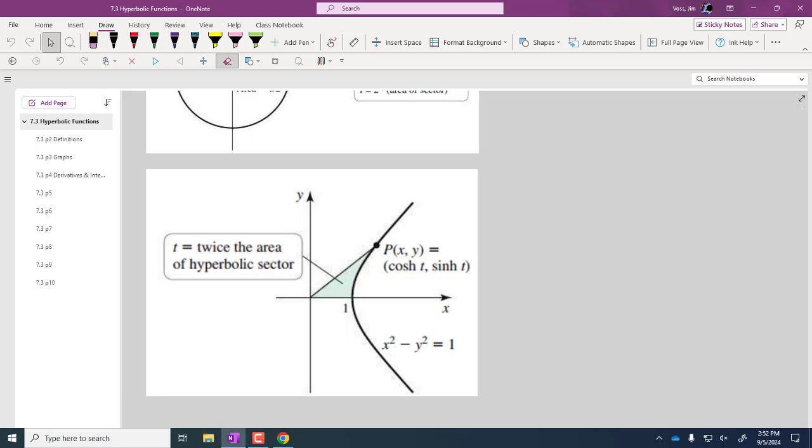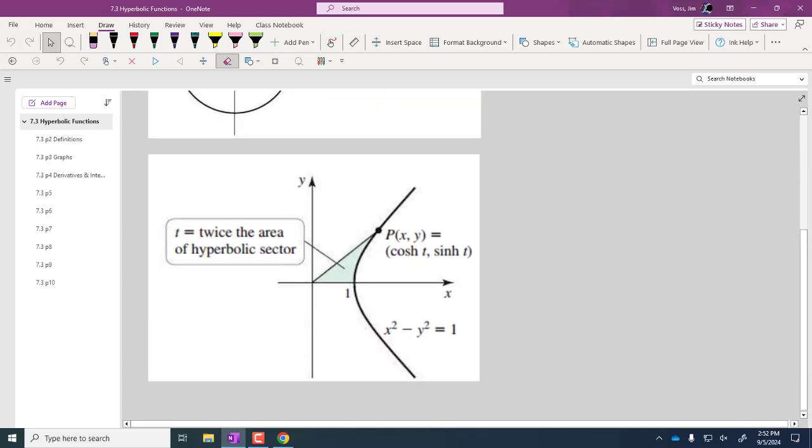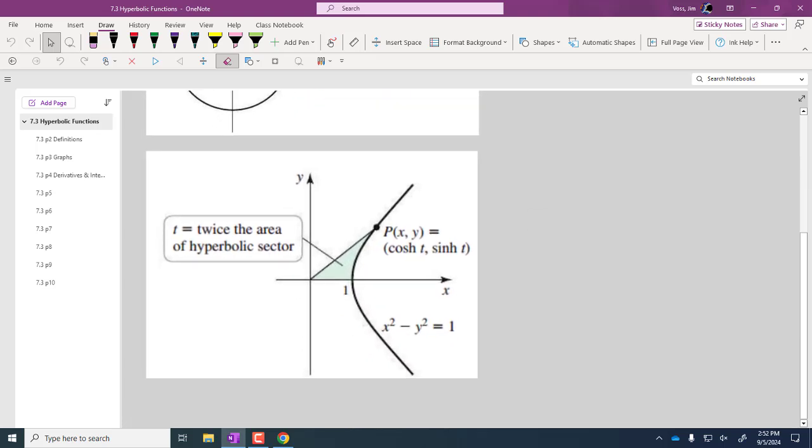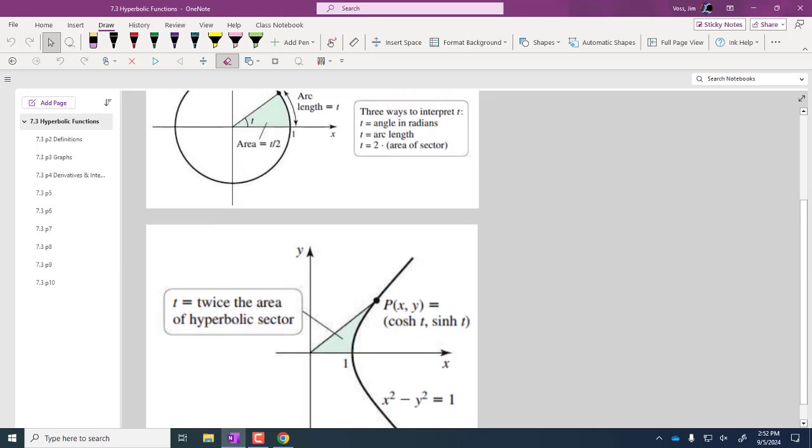They call it a hyperbolic sector. When we say sector, we usually mean a circular sector. So when you hear the word sector, that's what you normally should be thinking of. This is a hyperbolic sector, but same concept. So that's the one connection. You don't need to know that, it's just interesting. So it draws the connection why we would use basically the same words: cosine and hyperbolic cosine, sine and hyperbolic sine. So they're very closely related.